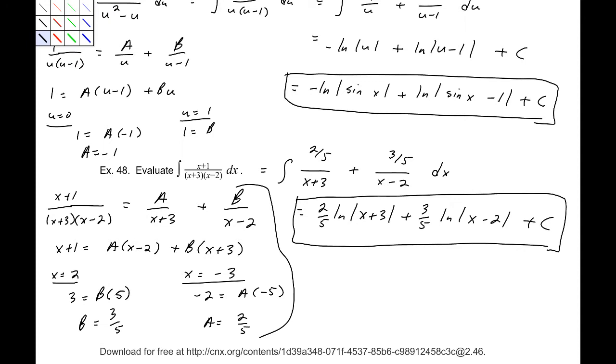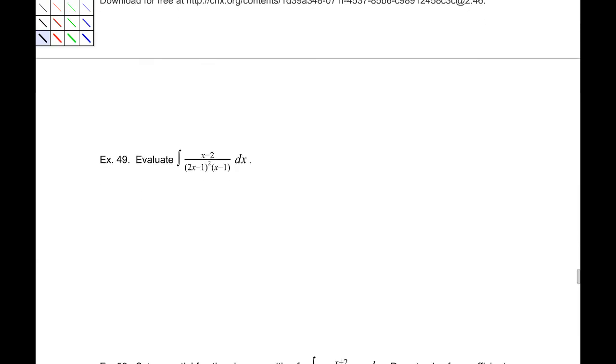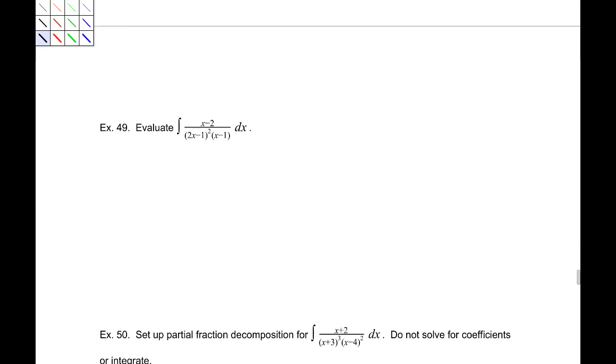Okay, next we have number 49. Now there is a slight difference here because you can factor this. It's going to have a 2x minus 1 and a 2x minus 1. Nothing's happened there, so we're going to have to do something slightly different.